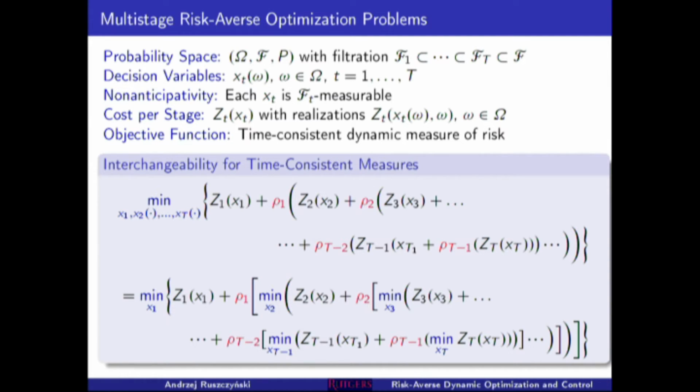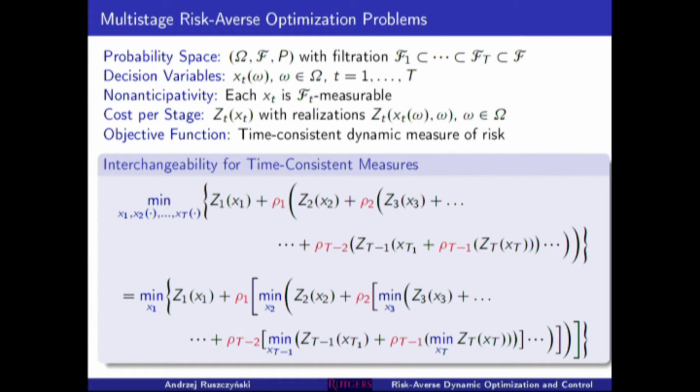Now, we all know that the fundamental requirement in stochastic optimization is that of non-anticipativity. Our decisions, viewed as random variables, should be measurable with respect to the sigma algebras at the current state. So they should not see the events that are not distinguishable at this time. Okay? So they only depend on the past.